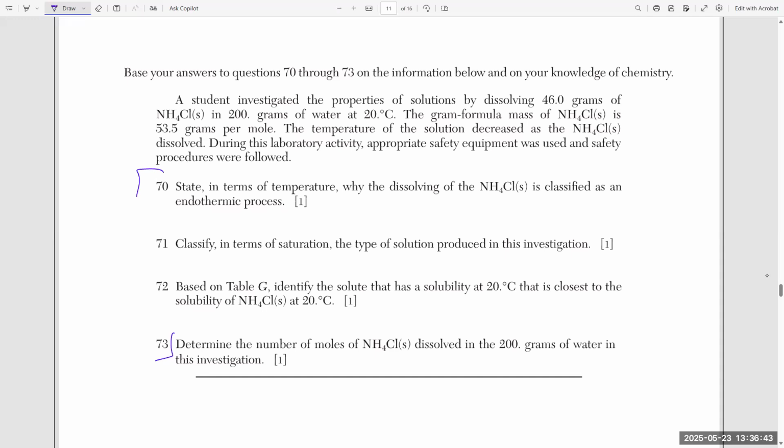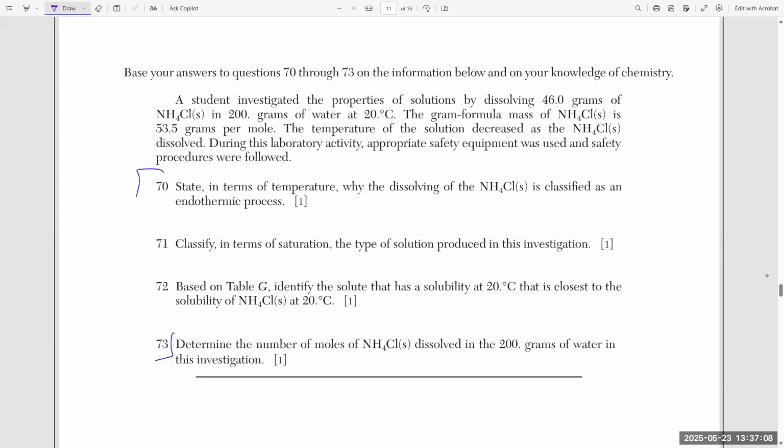So dissolving 46.0 grams of ammonium chloride in 200 grams of water at 20 degrees Celsius. The gram formula mass of ammonium chloride is 53.5 grams per mole. The temperature of the solution decreases as ammonium chloride is dissolved during the laboratory activity. State, in terms of temperature, why dissolving of the NH4Cl is classified as an endothermic process. All right, so what do we know?